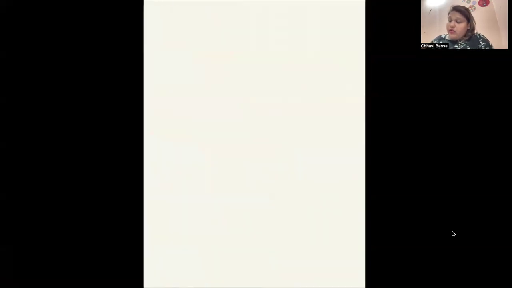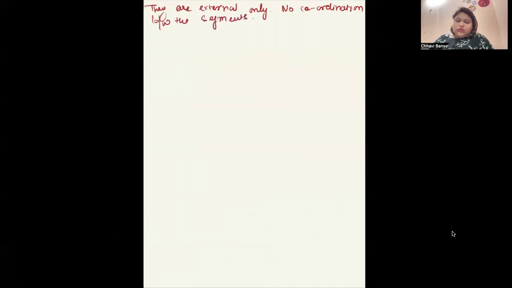They are external only. No coordination between the segments. Each segment works as a single unit. This is called pseudometamerism.